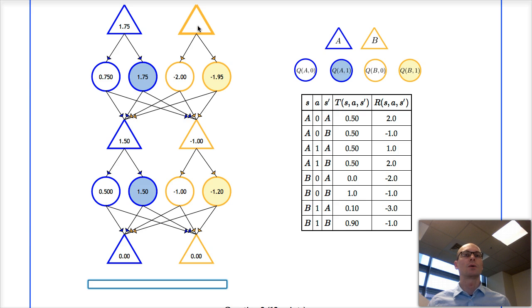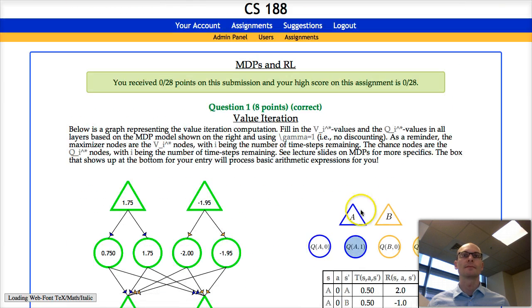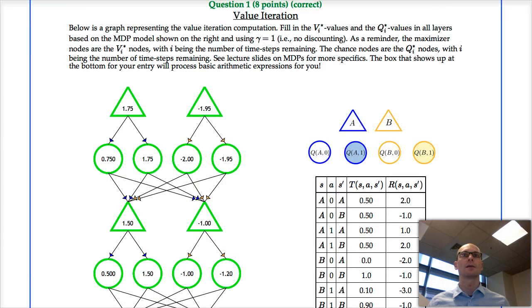We're in state B. The one with the highest expected sum of rewards is action 1, which leads us to an expected sum of rewards of -1.95. All right, so this is it. Let's now submit and see if we got it right. There we go. And indeed, we got this completely correct.